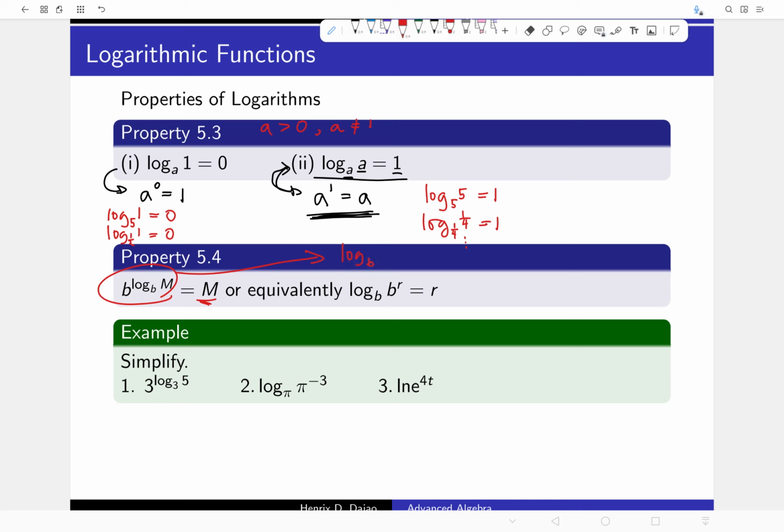So log m with base b is just equal to the logarithm of m with base b. Indeed, they're just the same.